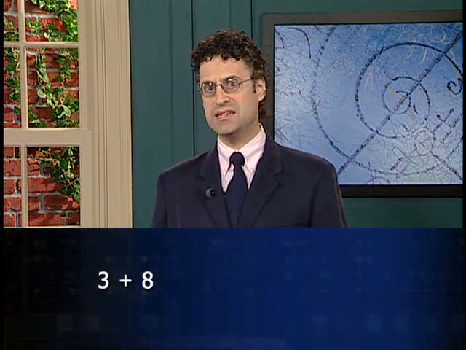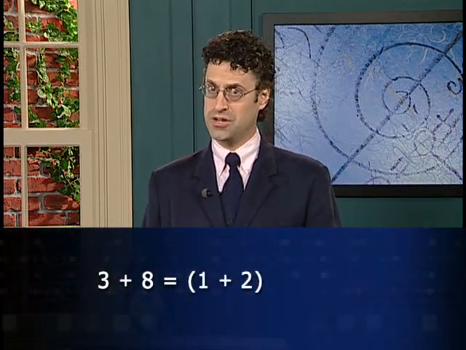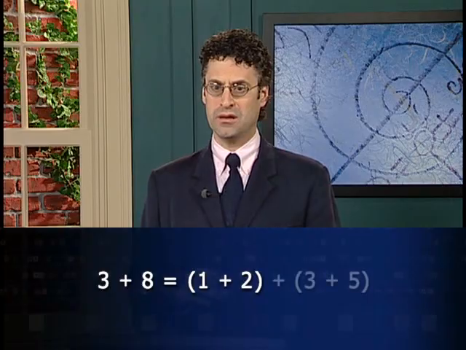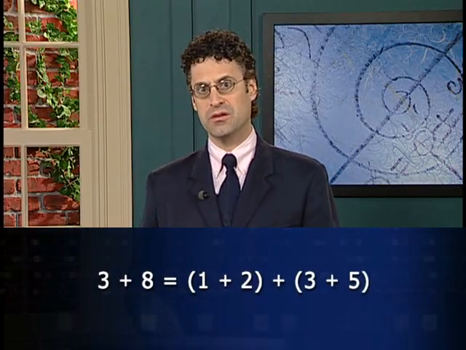So we're going to write 3 as the sum of the 2 Fibonacci numbers that come right before it, so the 2 adjacent Fibonacci numbers. And then we'll take 8 and write it by its defining trait, namely the sum of the 2 previous Fibonacci numbers. So in this case, we'd see that 3 plus 8 equals 1 plus 2, that's the 3 part, plus 3 plus 5. That's the 8 part.